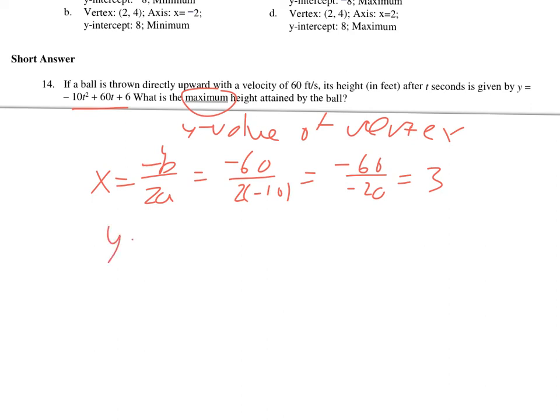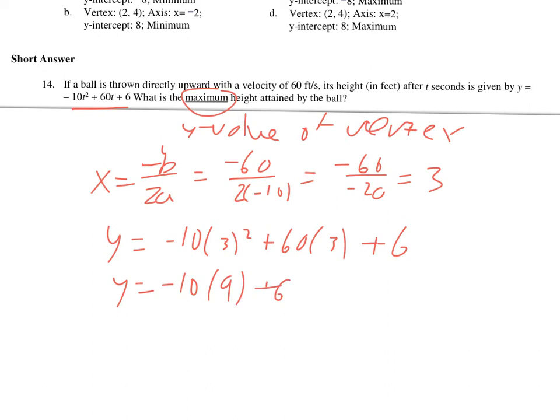And then I do need to plug that back in to find y. And so I'll just do it as my PEMDAS, so exponents first. And then I get negative 90 plus 180 plus 6. So negative 90 plus 180 is 90, plus 6 is 96.